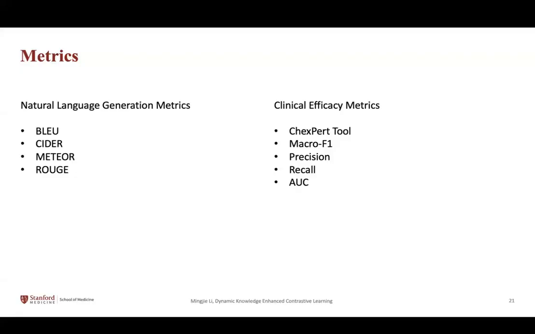And the second one is clinical efficacy metrics, which were recently proposed to capture and evaluate the clinical correctness of the predicted reports. It first employs a text expert to label the predicted reports into 14 different medical terminologies.